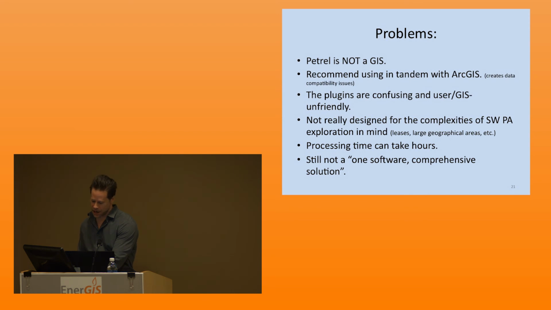Like I said, Petrel's not a GIS system, and that created its own set of problems. It forced me to integrate other softwares with it, and anytime you do that, you guys are all database people, you know, there's all kinds of hoops you got to jump through to get stuff to go back and forth between the softwares. So that leads me to the next point, because I'm using it in tandem with ArcGIS.